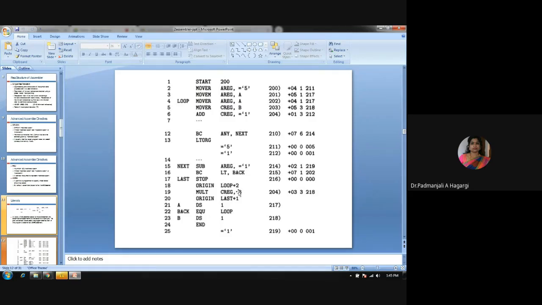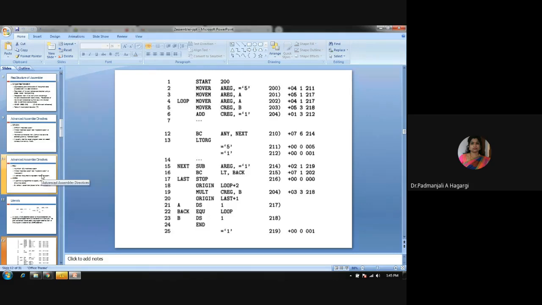So what is the next instruction? The next instruction is MULT. So this MULT instruction is detected at 204 because of this instruction called ORIGIN.